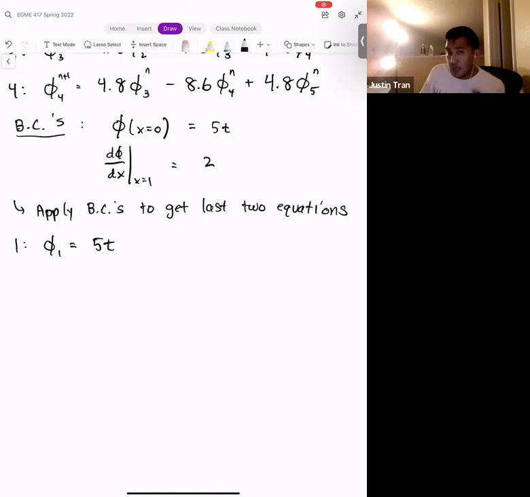But whenever you have a time variable like this, you have to evaluate it at a certain time, and that's going to be t sub n, the current time. Whenever you're running unsteady problems like this, there's always the unspoken assumption that you start at t is equal to 0.